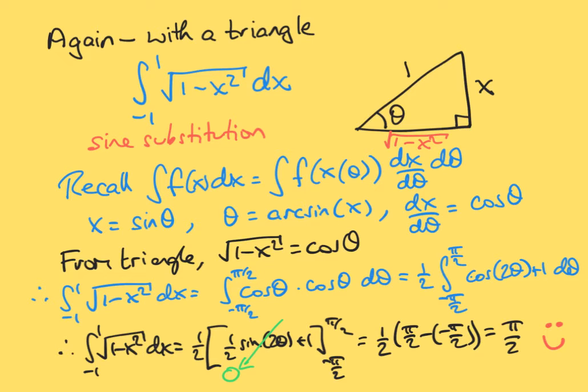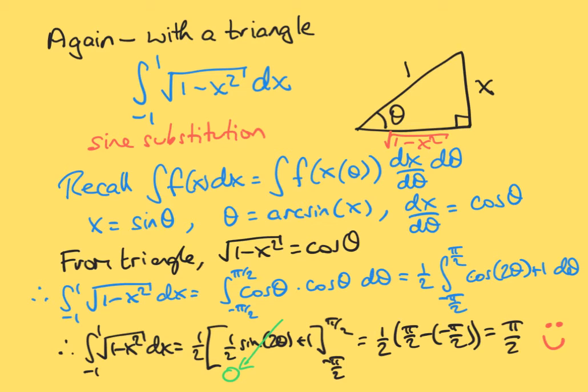So what do we do? We write out our formula. x is sine theta, theta is arcsine of x, dx d theta is the cosine of theta, and from our triangle, we haven't had to do the algebra, you can just read off that the cosine of theta is the adjacent over the hypotenuse, so it's the square root over 1, it's the square root.